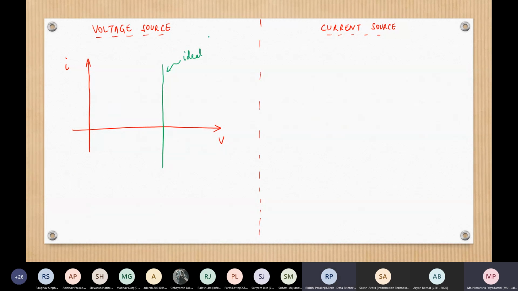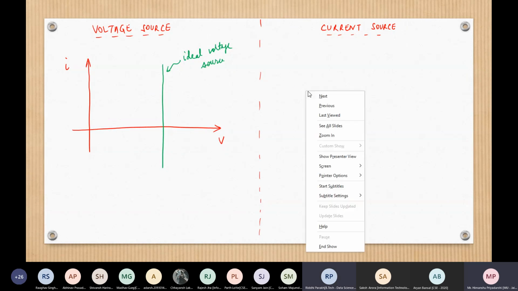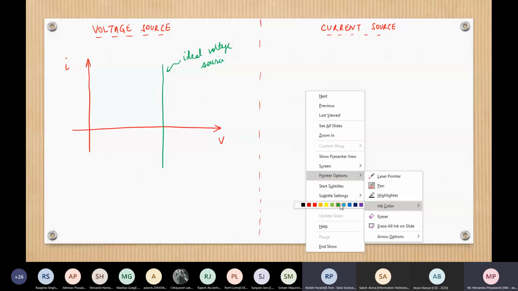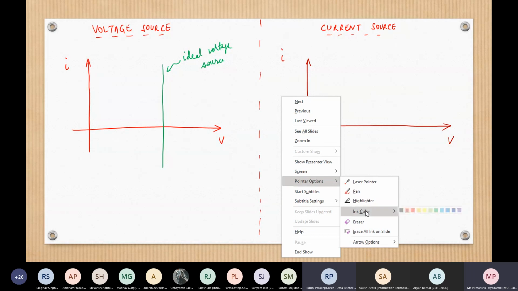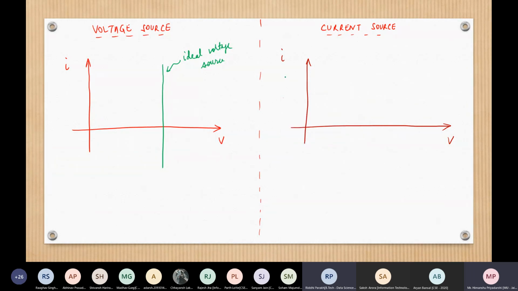If I draw the IV characteristic of an ideal current source, practically, what will happen?